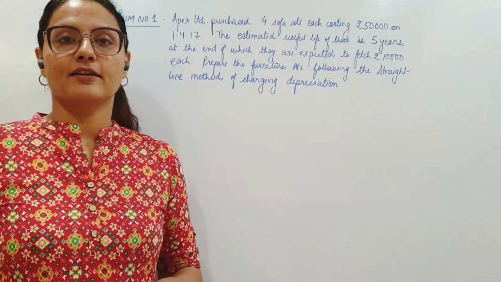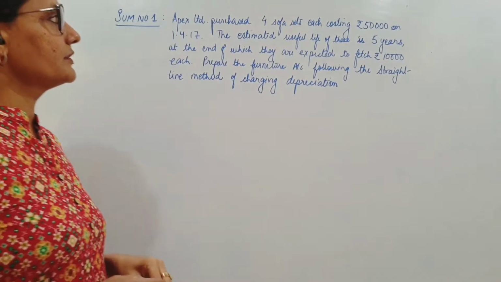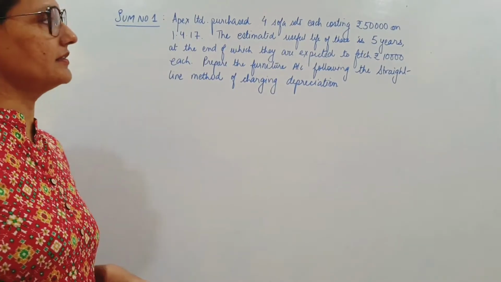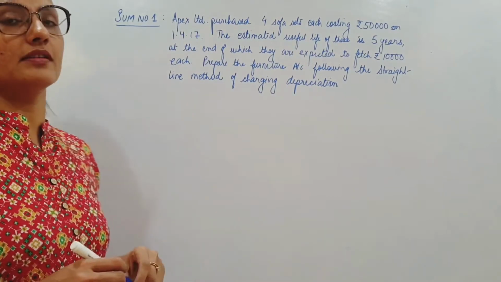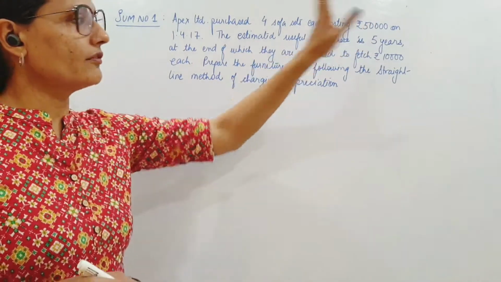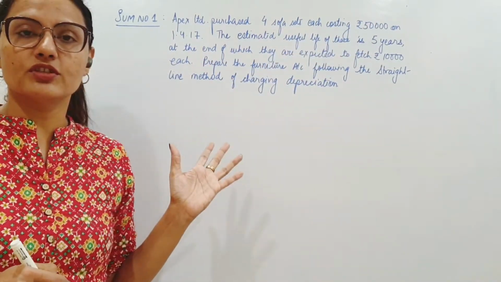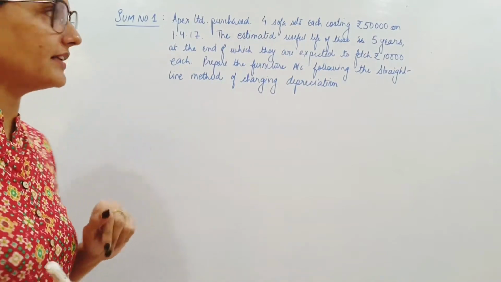Shall we? Okay, so here is your sum. Apex Limited purchased 4 sofa sets, each costing 50,000 on 1/4/17, meaning 1st April 17. Fine. 4 sofa sets of 50,000 each. So how much did you shell out? 4 into 50,000. 2 lakh rupees straight away.